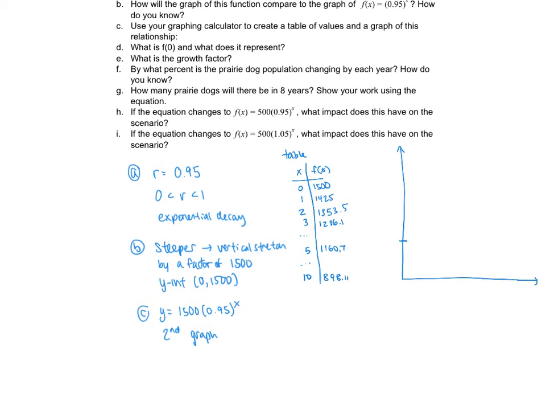So I'm going to go by 500s. And this is prairie dog population. How do you spell that? Prairie dog population. And this is years. This is time in years.